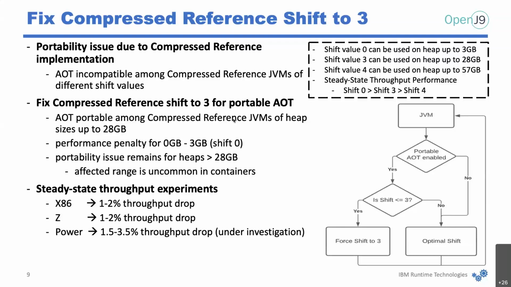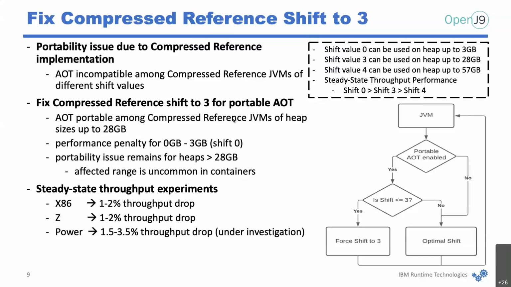So we did an extensive amount of experiments on this. In the end, we got 1 to 2% steady state throughput drop on x86 and Z, and a 1.5 to 3.5% drop on power. We're still not sure if the performance penalty on power is going to stay at 3.5%, as previous experiments suggested a lower percentage.